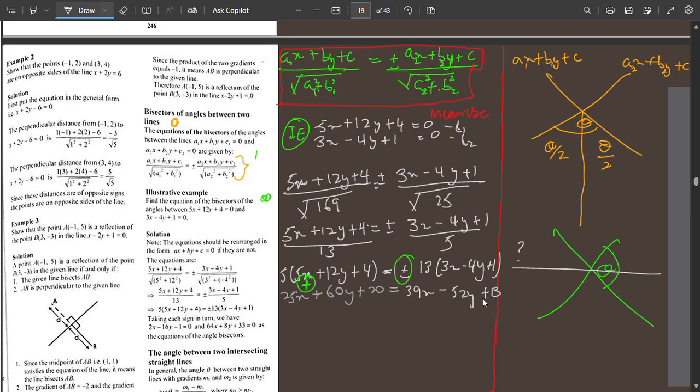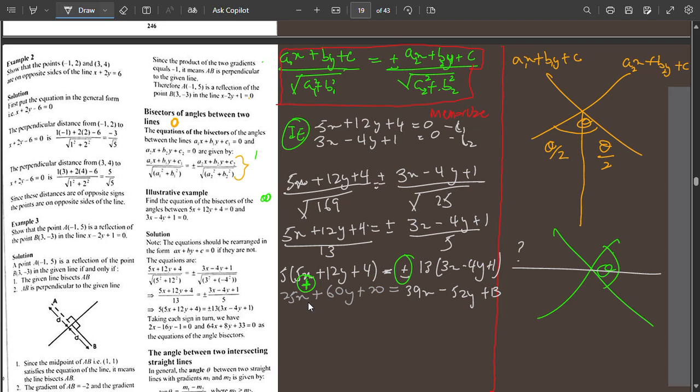Now if I simplify by grouping like terms, let me send 25 to the other end, so I'll have 14x, because 39 minus 25 is 14.